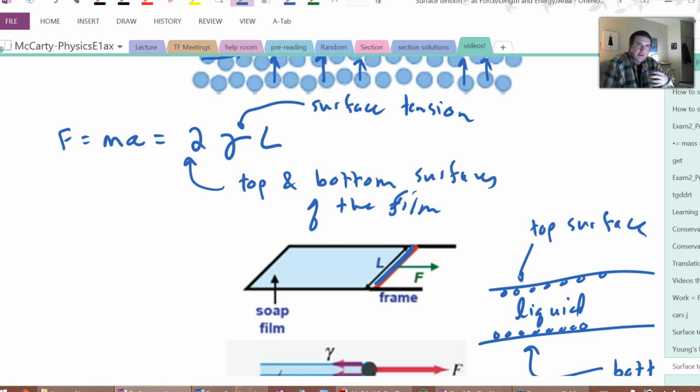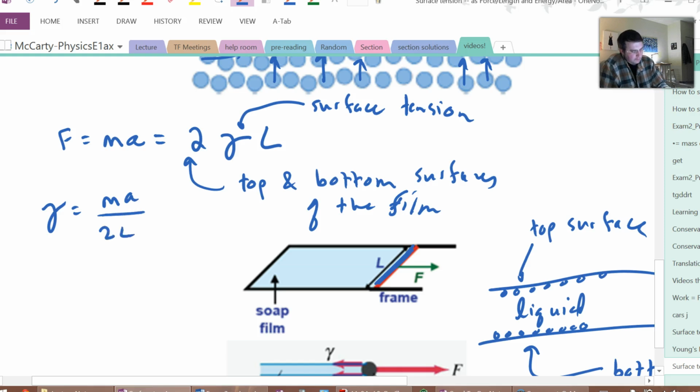It is actually a term that gives us an amount of force or tension in terms of length. So gamma would be equal to ma over 2L if we were to rearrange this formula, which, as you can see, ma comes out to units of newtons, and 2 times the length of the film gives us units of meters.